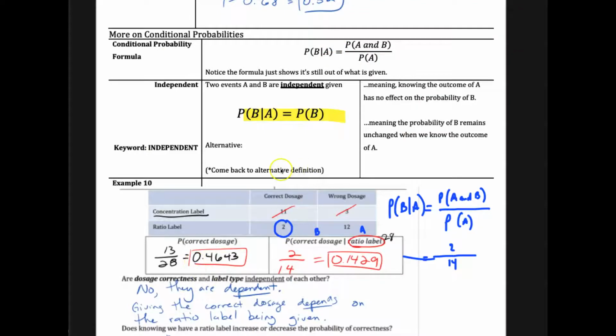So you may see this too: the probability of B is equal to the probability of B given A. So again, you can see those back and forth either way.